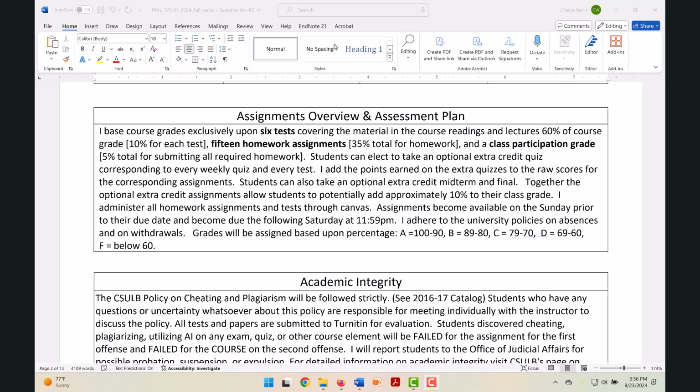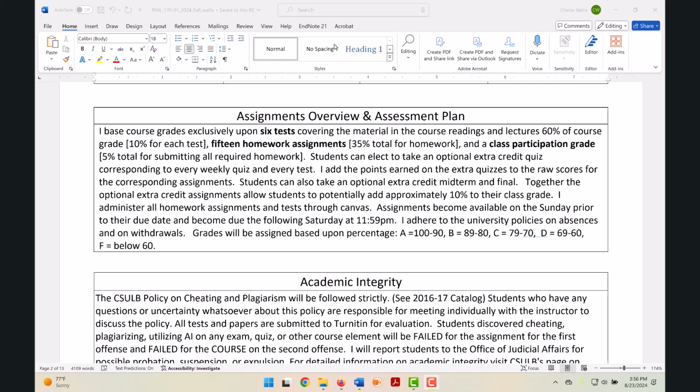Let's turn our attention to the assessment plan. I base the course grades exclusively upon six tests covering the material in the course readings and lectures. 60% of your overall course grade is going to come from these six tests. Each test will contribute 10% of your overall course grade. There are 15 weekly homework quizzes, and together they contribute 35% of your overall course grade.